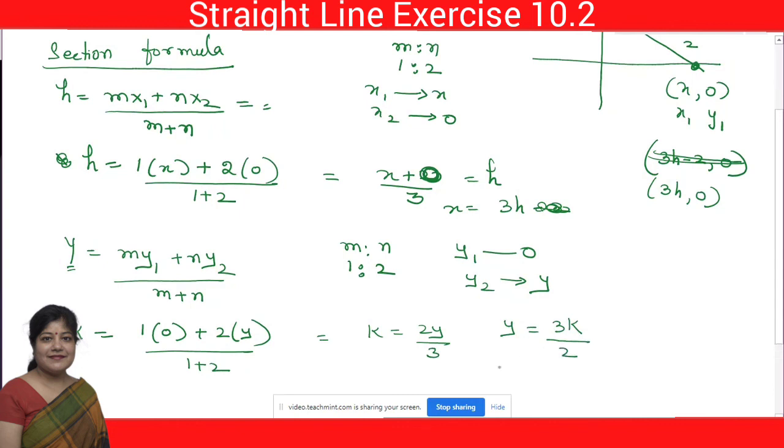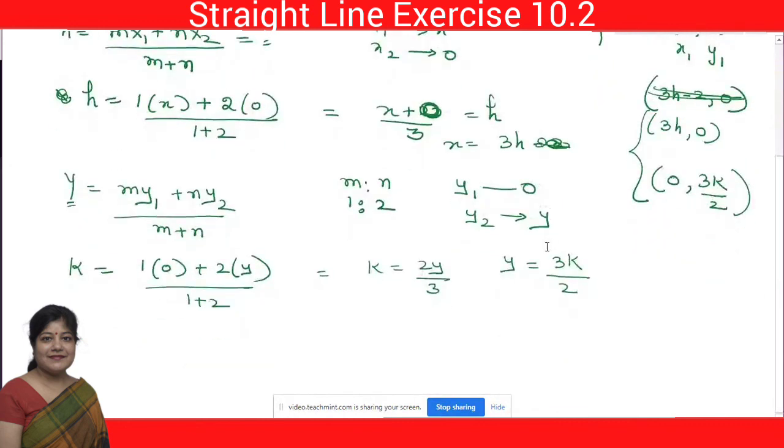So another point becomes 0 comma 3k by 2. Understood? Now we have to find the equation of the line using the points 3h comma 0 and 0 comma 3k by 2.